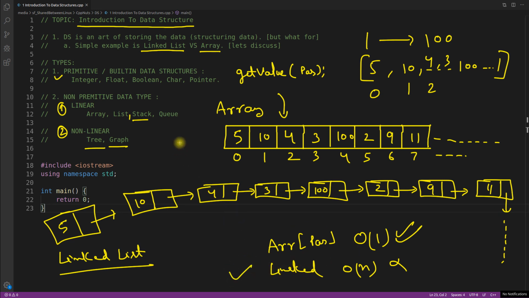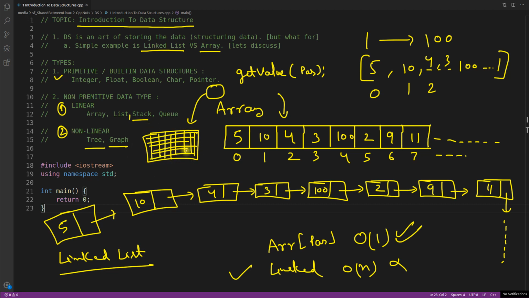So let me tell you when this linked list will win the race. When there is an embedded system and you have limited amount of memory and your requirement is some data is always coming from some place. This is some mysterious place and some data is coming and you have limited amount of memory. I'm just drawing something.